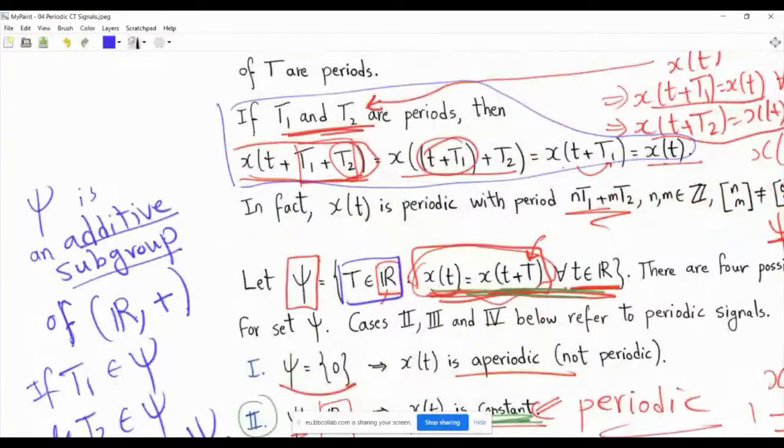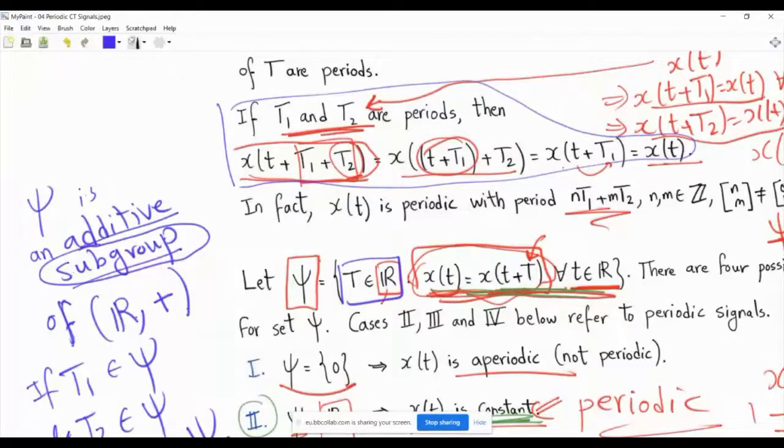So psi defined as such is a subgroup, and if you are careful, you know why we allow 0 to be included: because for a subgroup, you need to include the identity element of addition, which is 0.